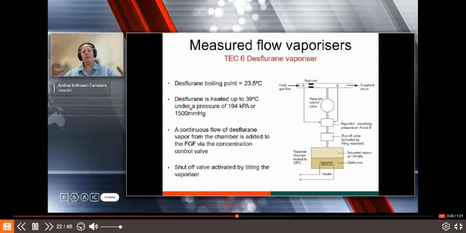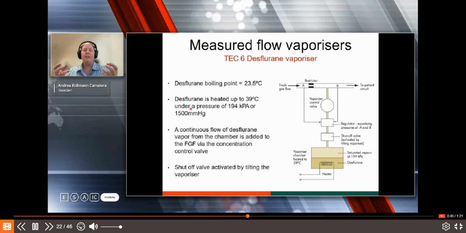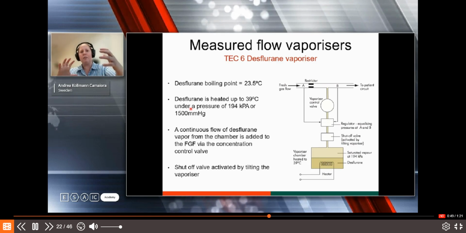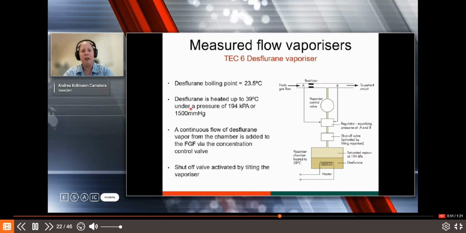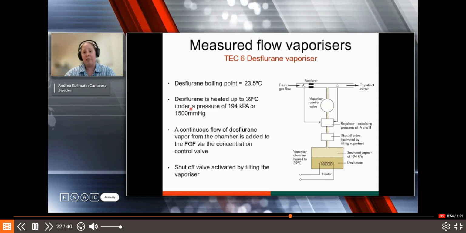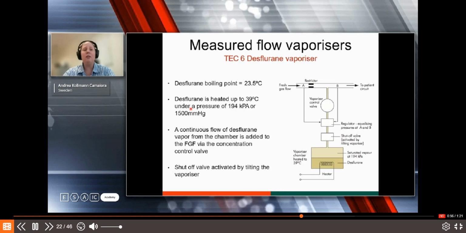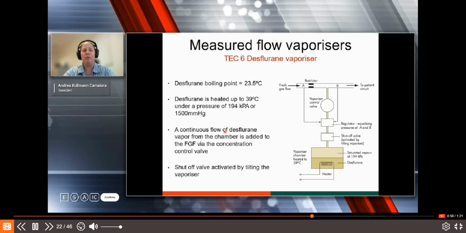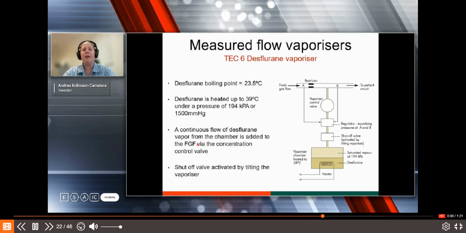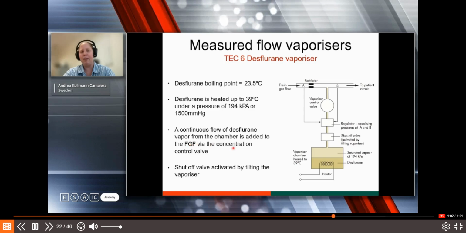So what this vaporizer does is that it heats the desflurane to 39 degrees, and then it keeps it under a pressure of 194 kilopascals, or around 2 atmospheres. So there is a continuous flow of desflurane vapor from the chamber to the fresh gas flow via valves.